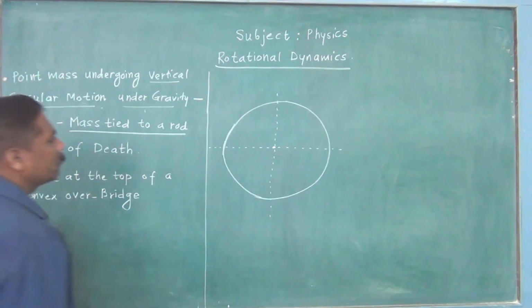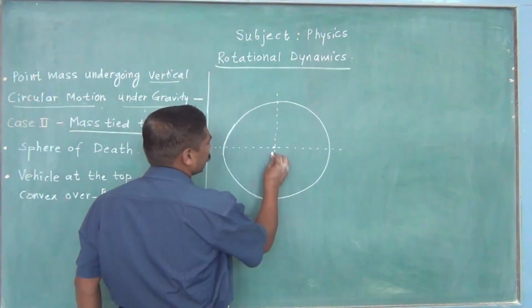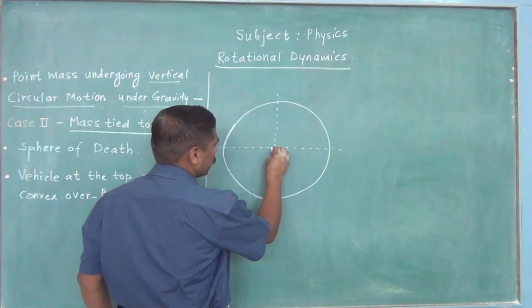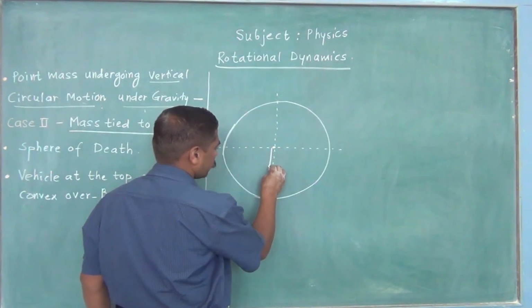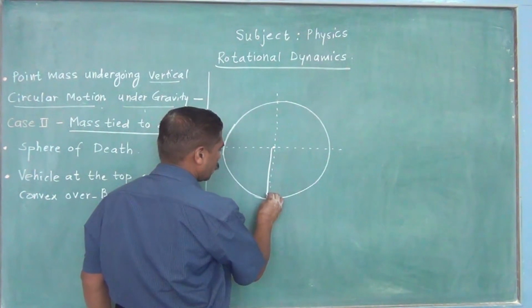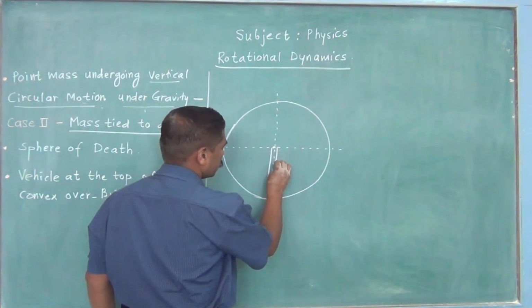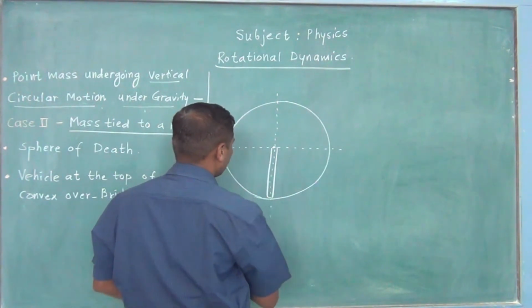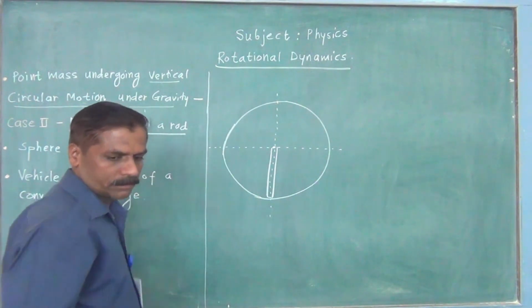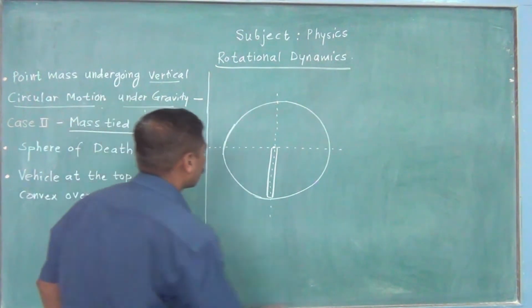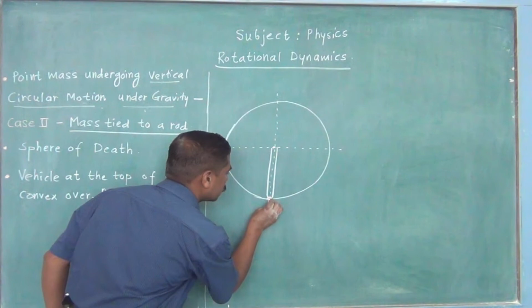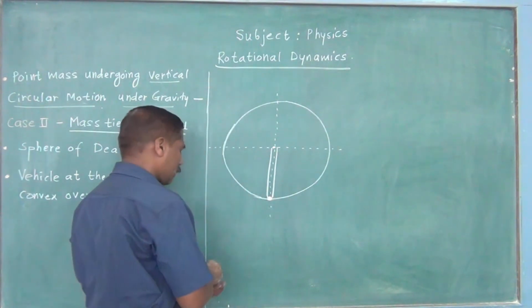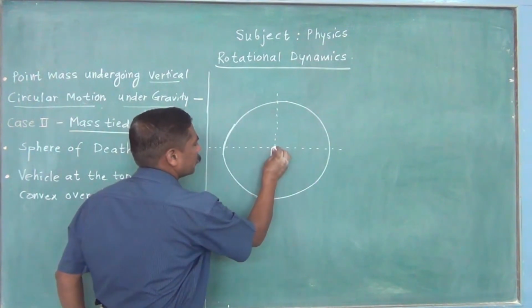In the same way, now we can consider, suppose this is the rod. Now this rod is taken as the massless rod, and at the end of this rod is one sphere, like this we can show. This is a sphere which is moving.